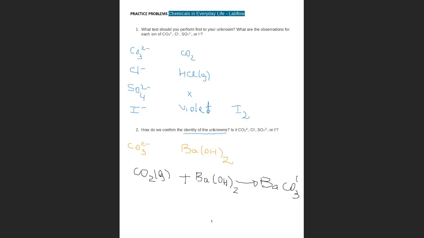Barium carbonate plus water. All these reactions are given in the background, so you don't have to worry. They are all given. So this would be the confirmatory test if we suspect that we have carbonate.